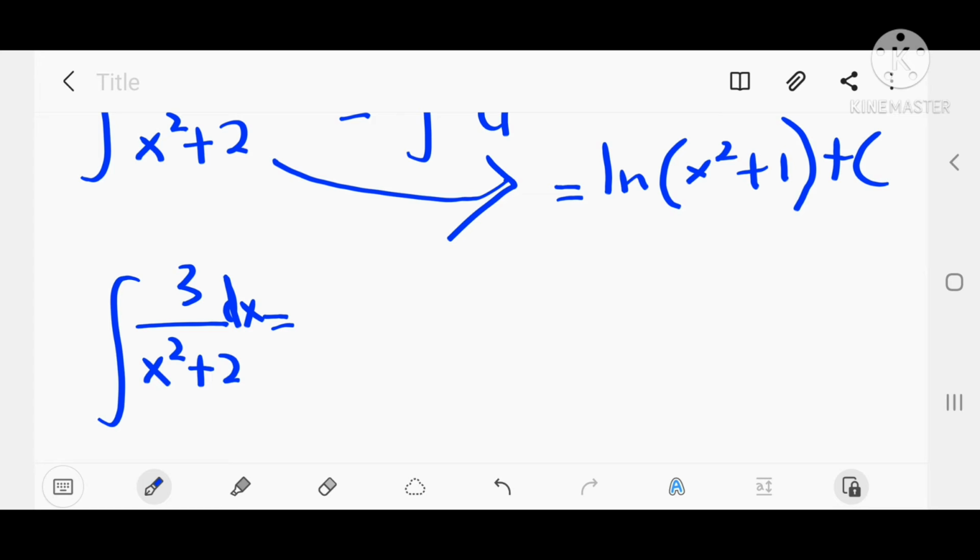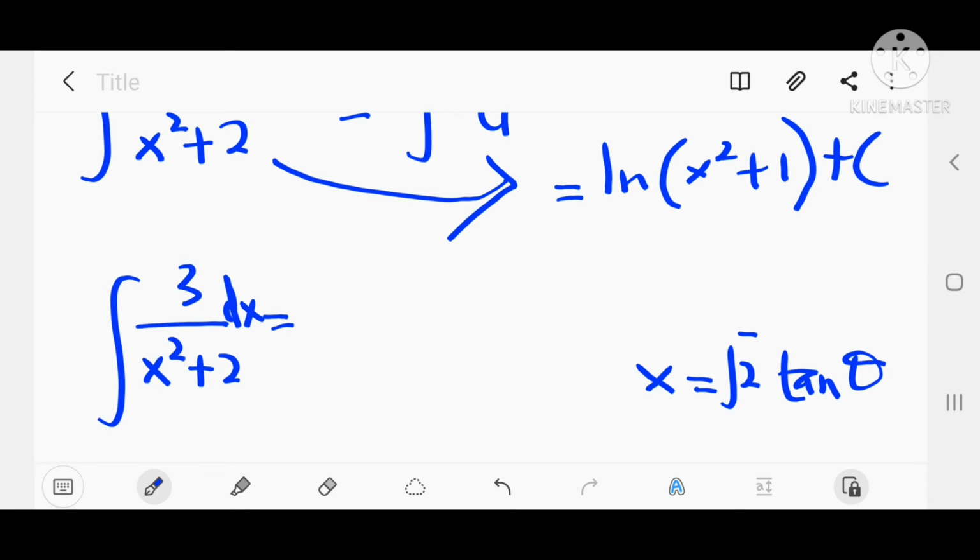With the trig substitution, we should know that x will be equal to the square root of 2 tan theta.